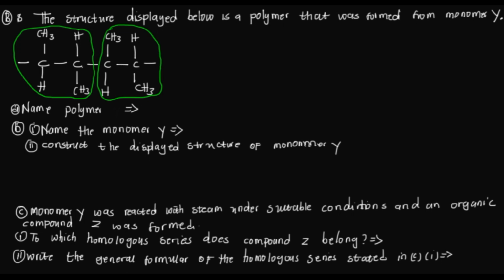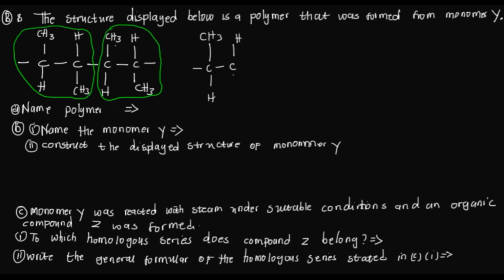Now, let's try to draw this monomer in a general way. This carbon, let me just write it the way it is. So I've gotten one of the monomers from there.